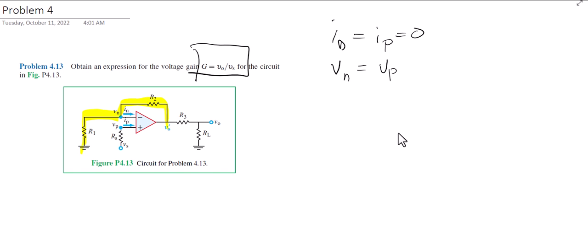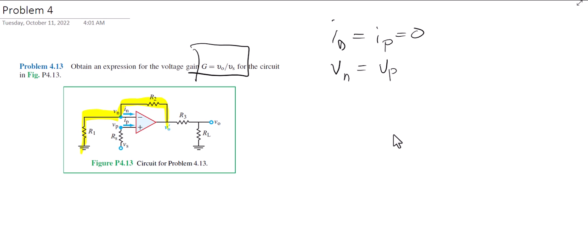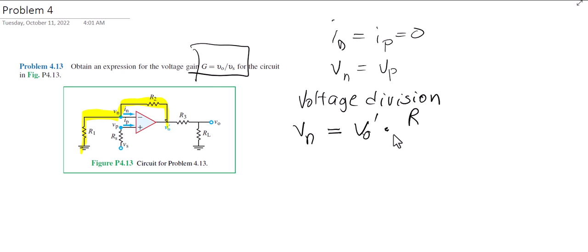Then since IN is 0, we can do voltage division here, because our total change in voltage from ground to here is VO prime. So by voltage division, Vn equals our total change in voltage, which is VO prime, times R1 over R1 plus R2.